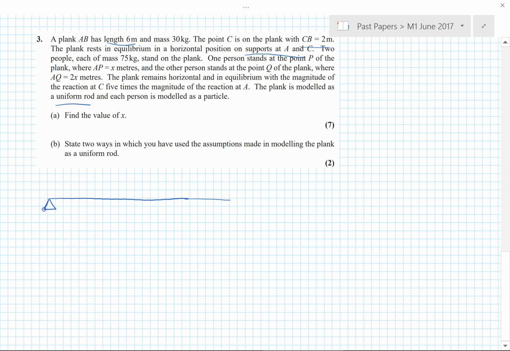We've got a support A there and support C here. We know it's 6 meters long, so this length here is 2, and the other length is 4.